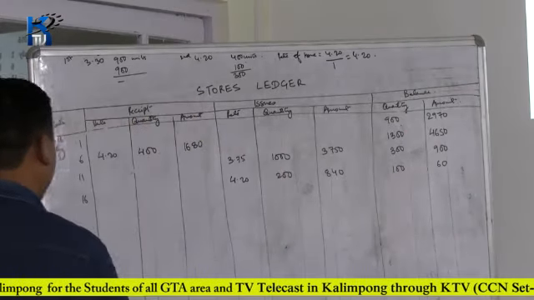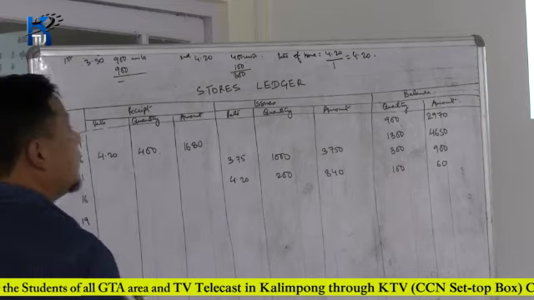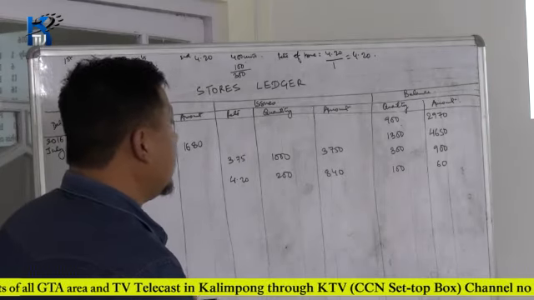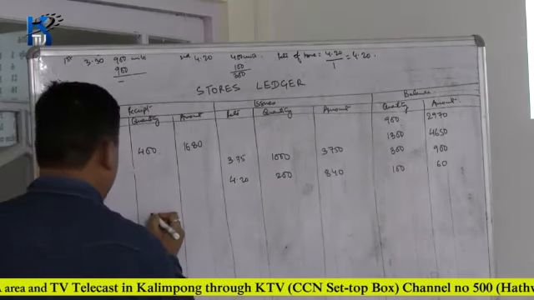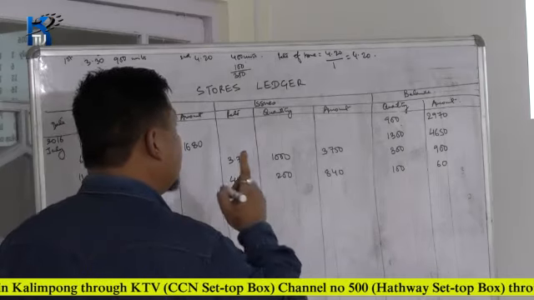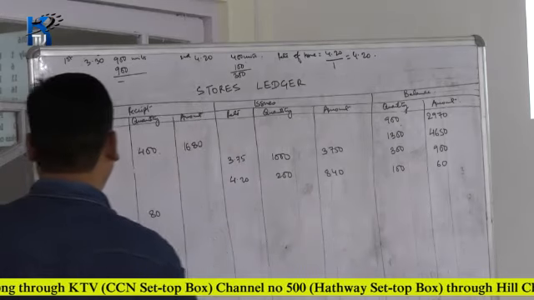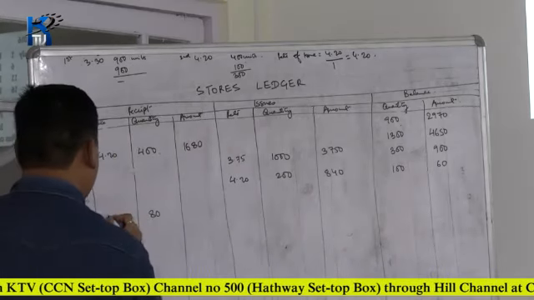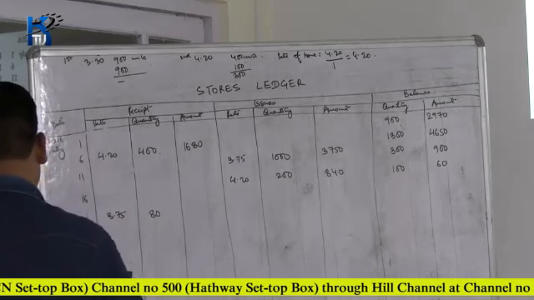On 19th, there has been a return of 80 units. On 19th, there has been receipt of 80 units which had been issued on July 11th. On July 11th, the rate of issue was 3.75.